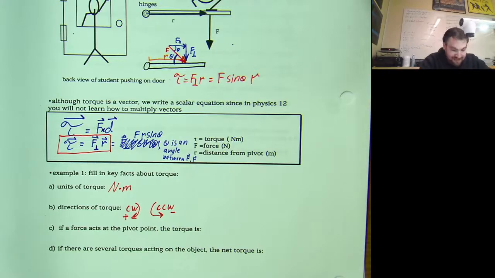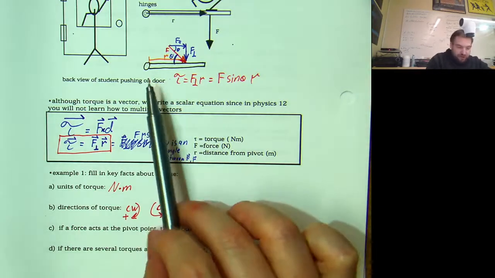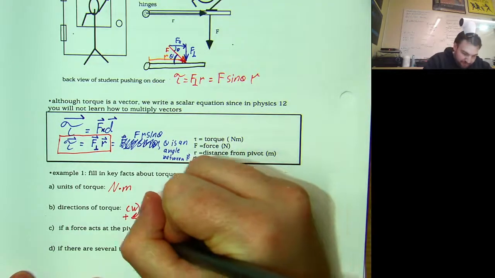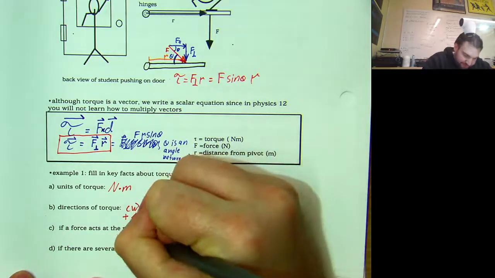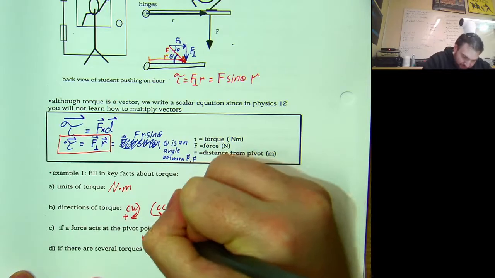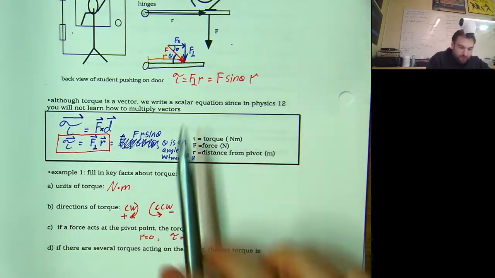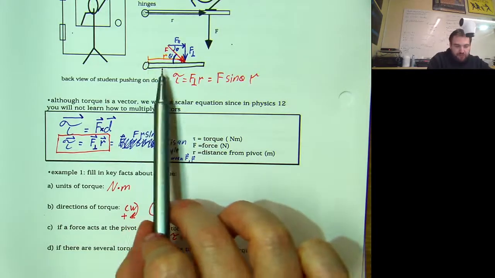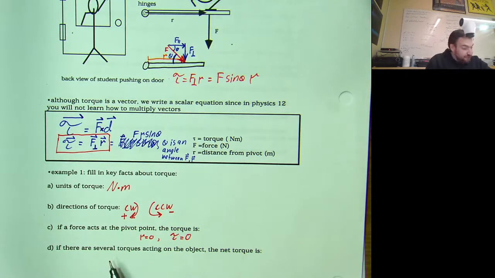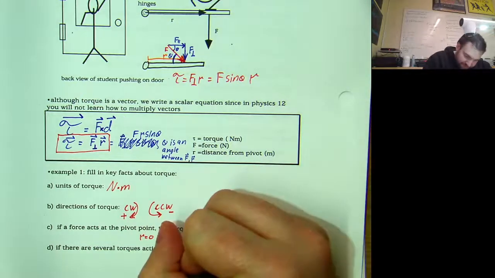If the force acts at the pivot point, that means R is equal to 0. So if it acts at the pivot point, R equals 0. That means the torque equals 0. There is no spinning if you push on the hinge of the door. If there are several torques acting on an object, then the net torque is the sum of those torques.